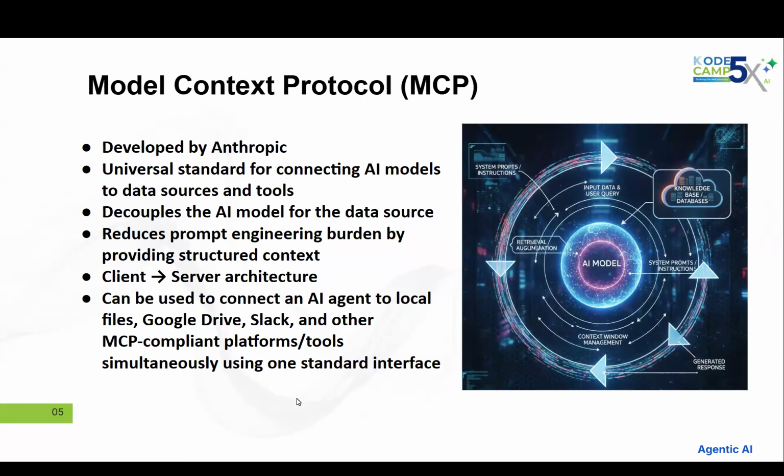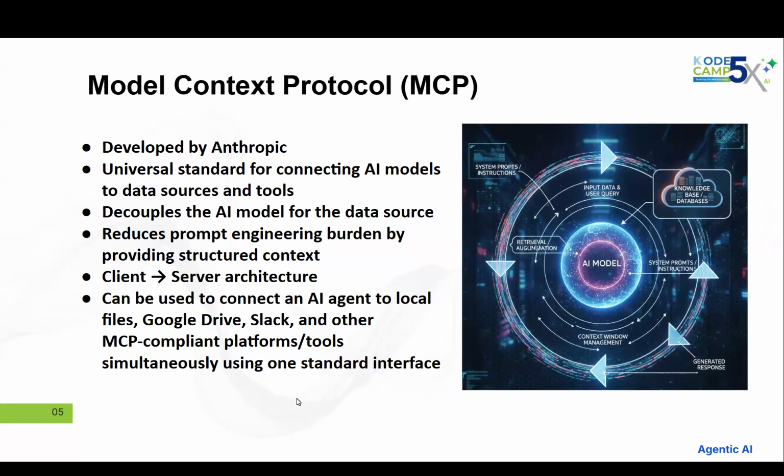It allows them to share tools and data, standardized via its standard interfaces.